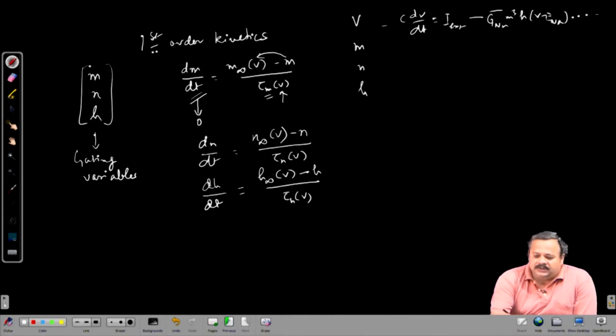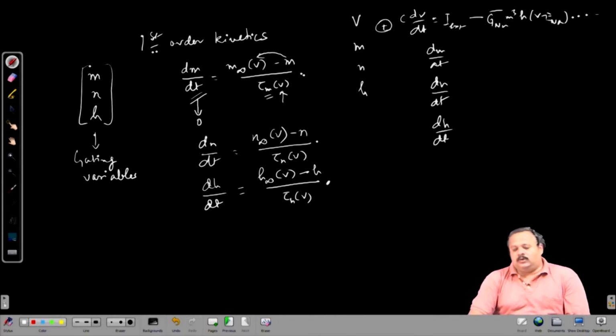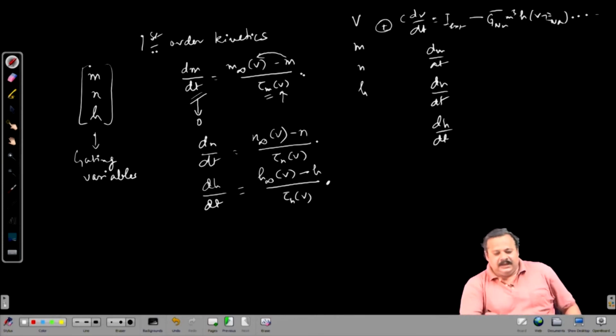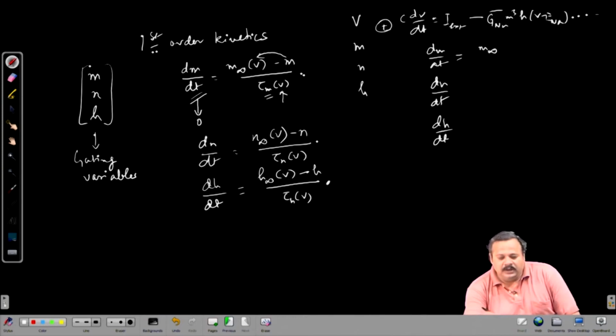So, this is the first equation here. This would be the second equation, third equation and the fourth equation. So, the dm/dt, dn/dt and dh/dt. And you can see that they are all interconnected with each other.